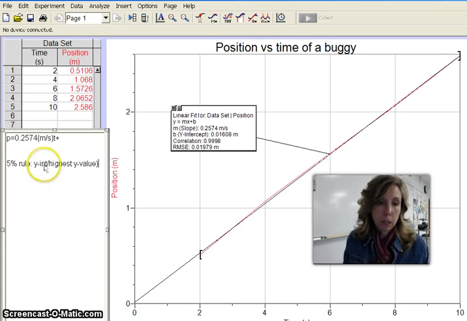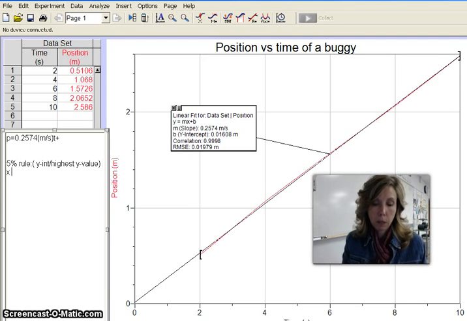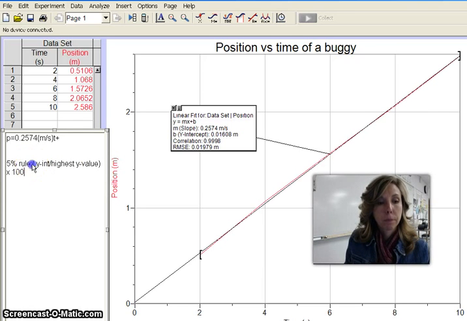I'll put this all in parentheses, because then the last thing you need to do is multiply it by 100 to make it a percent. So y-intercept divided by highest y value times 100%.